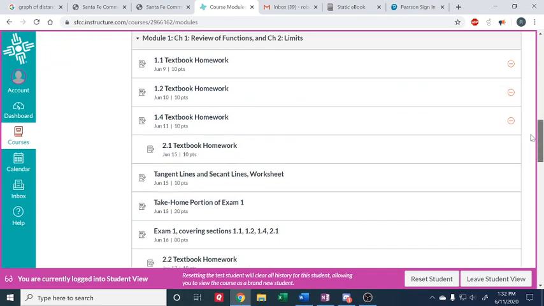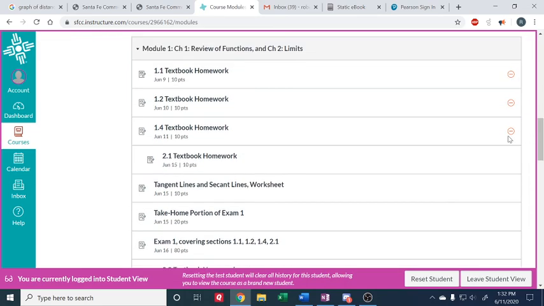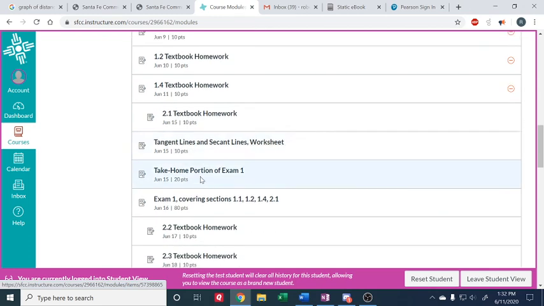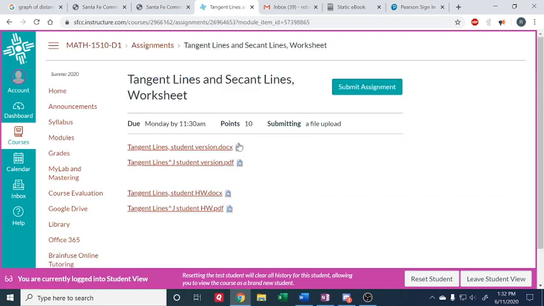Okay, so now in the modules, today you have the 2.1 textbook homework. You also have this tangent lines and secant lines worksheet. If you click on this, you see here was the worksheet that we did in class today, and here is the homework related to that.